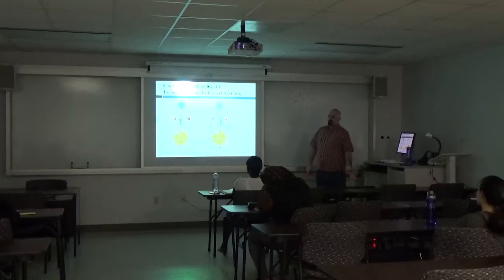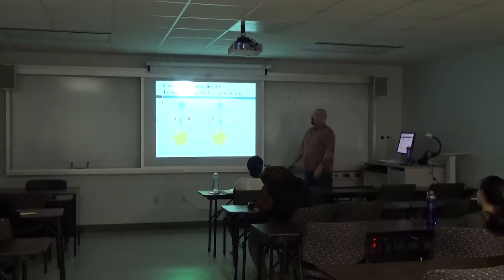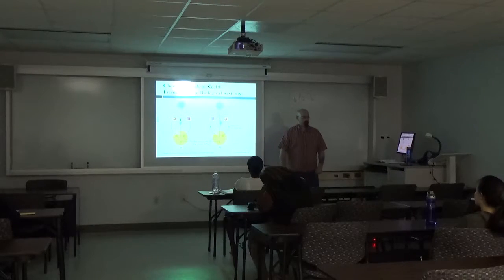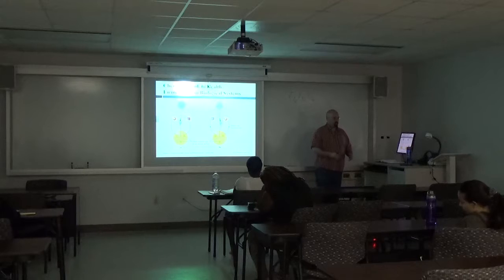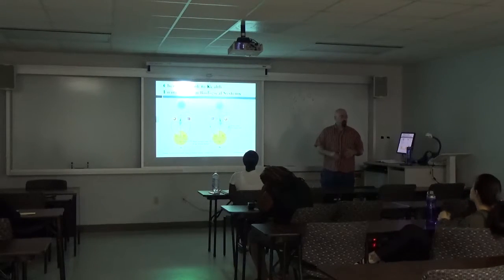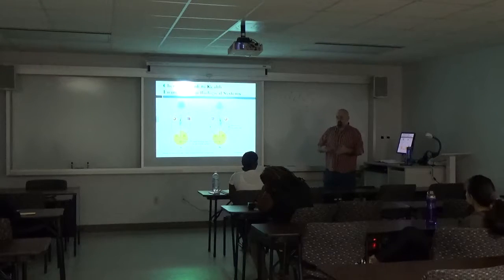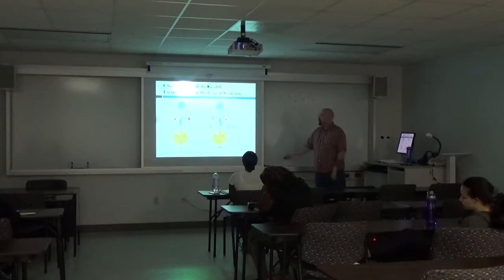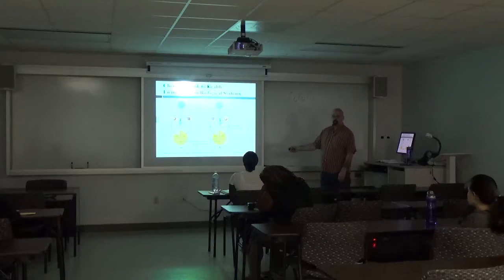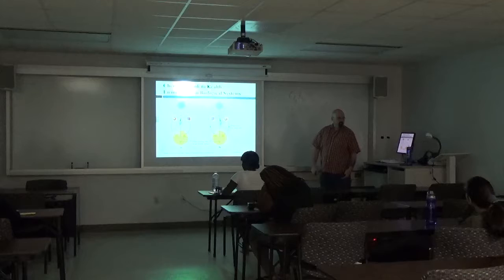Unless it's a really small square box, but that breaks the metaphor. So, this enantiomer will fit in that active site. That enantiomer will not. And so if your biochemistry requires something to fit right there in order for it to be functional, in order for that enzyme to be able to do its job, then it won't be able to do anything to this guy, because it doesn't fit there.